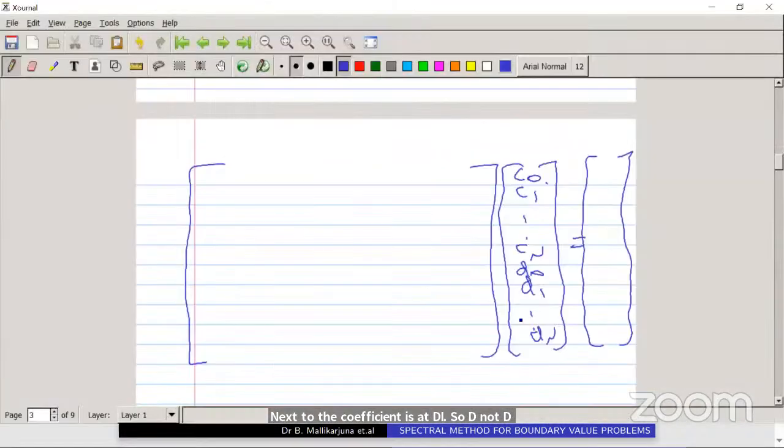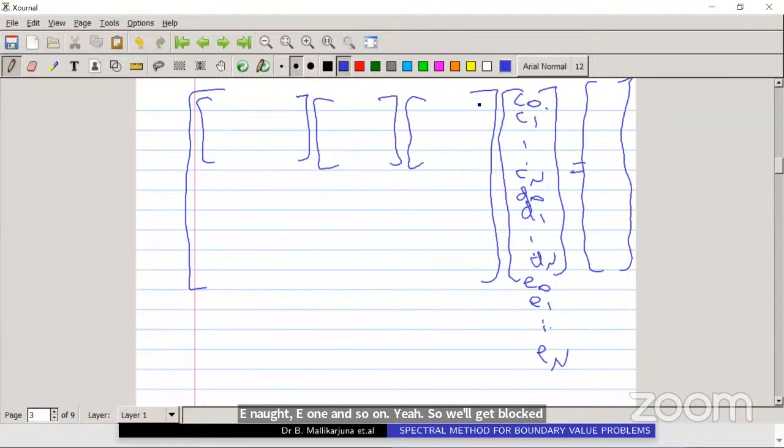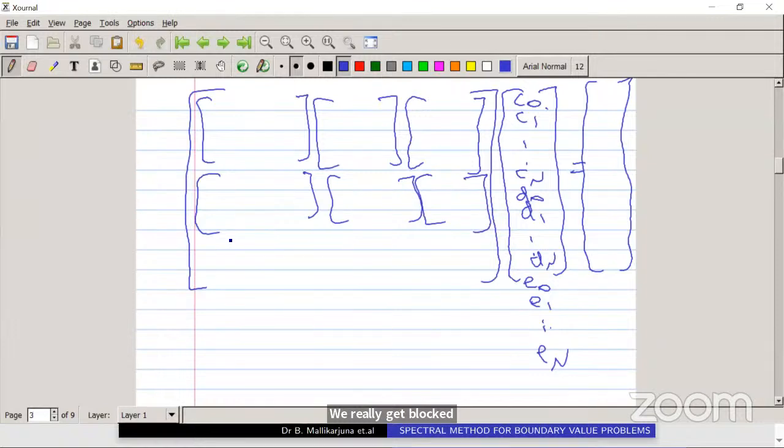Next E, E0, E1 and so on, En. So we'll get block matrices. We will get block matrices like this.